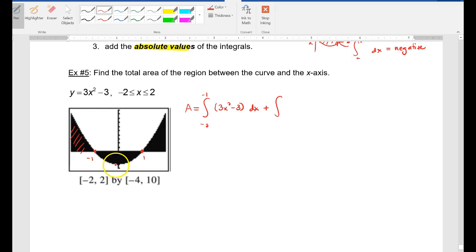However, for the next region, from -1 to 1, I want to put that result in absolute value. And then the last part, I do not need absolute value because it's above the x-axis. So if you were to do it by hand, this is how you would break it up into 3 different parts. And so I would have x cubed minus 3x.